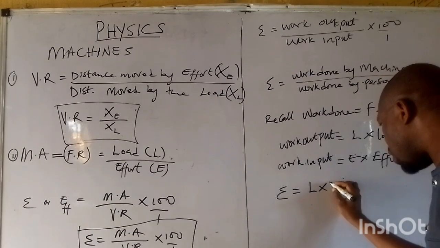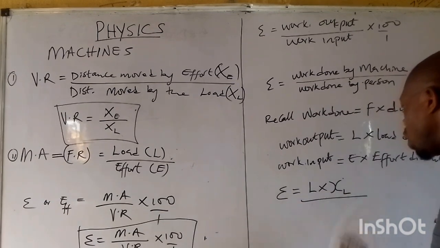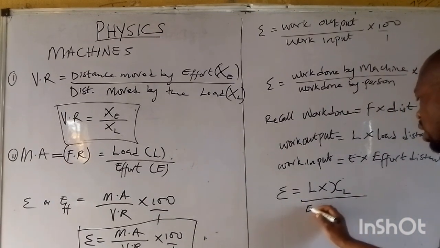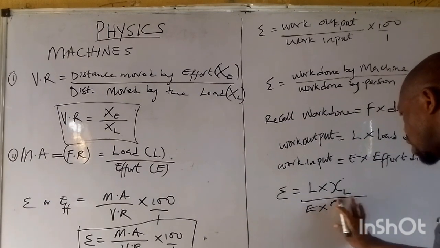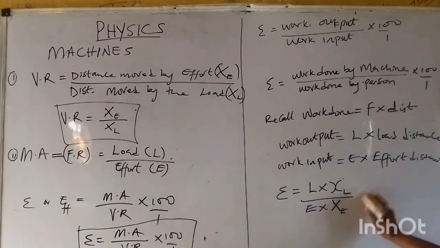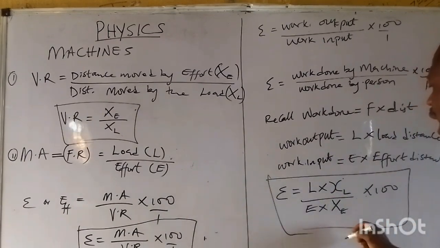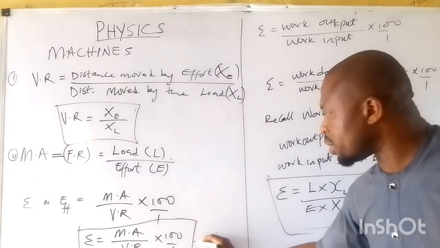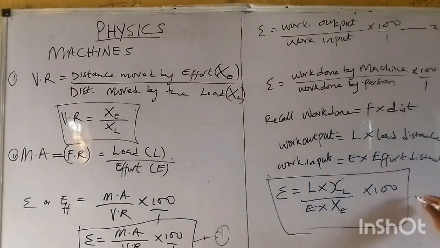Load times, I will use XL. All over effort times effort distance, which is the distance moved by the effort, multiplied by 100. So I can call this one my equation 1, I can call this one my equation 2, and we can still call this one equation 3.